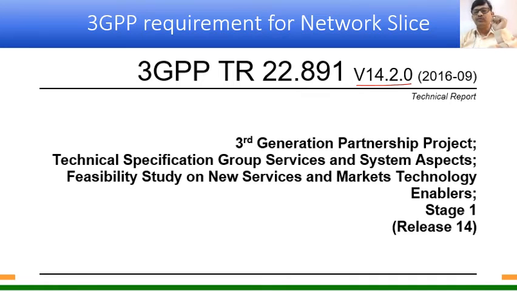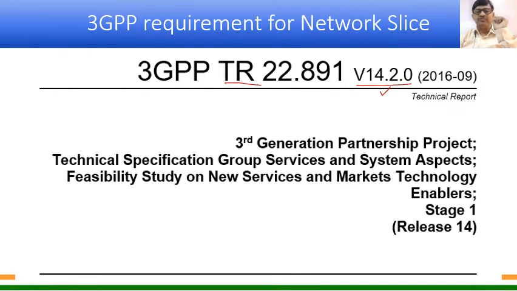In release 14 itself, they released a TR 22.891. This was by the technical specification group, services and system aspects, which is the group that works on this. They gave a feasibility study on new services and markets technology enablers, stage 1.